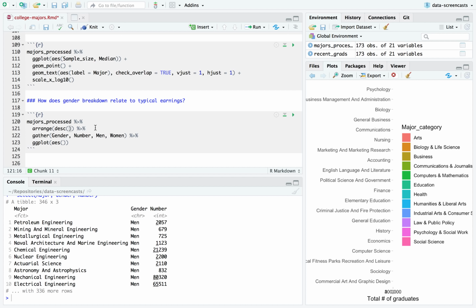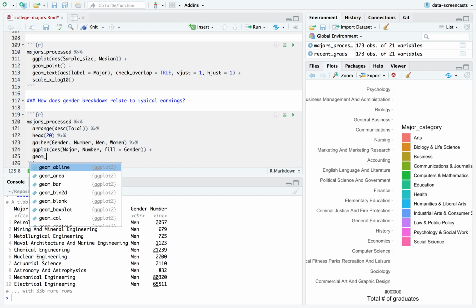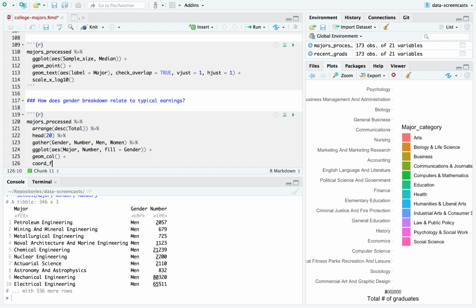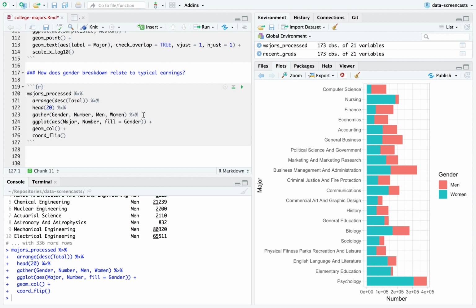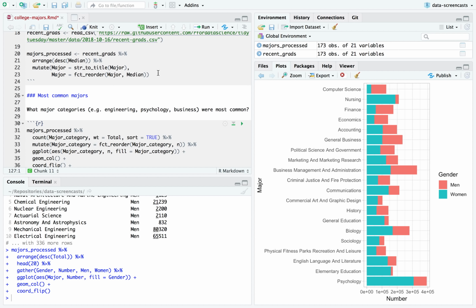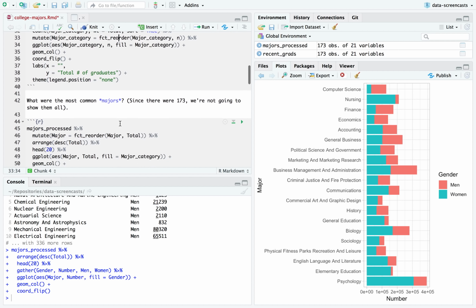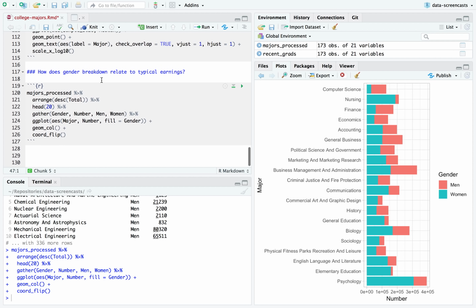All right, I'm going to do arrange by descending total, head 20, gather after that, and then I'm going to do major, number, fill equals gender for my bar plot. So fill equals gender is pretty handy if I want to show this kind of breakdown. I'm grabbing my mutate back really quickly. Lots of ordered bar plots, lots of mutating on them.